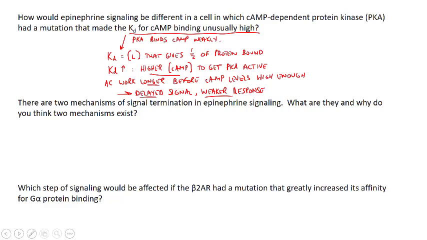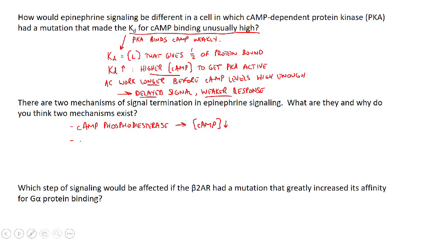Secondly, there are two mechanisms of signal termination in epinephrine signaling. What are they, and why do you think two mechanisms exist? Well, we already talked about that on the last slide. The main one is the cyclic AMP phosphodiesterase. What that does is it destroys cyclic AMP, so it causes your second messenger concentration to decrease.